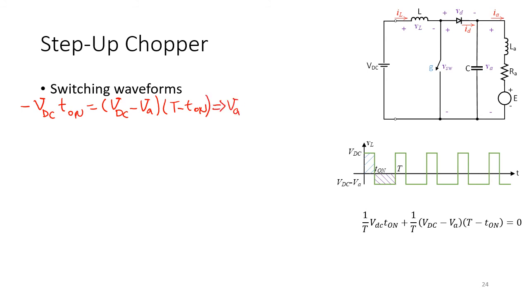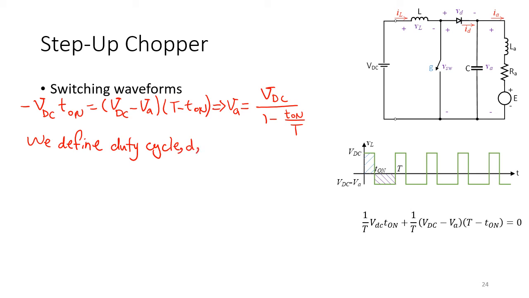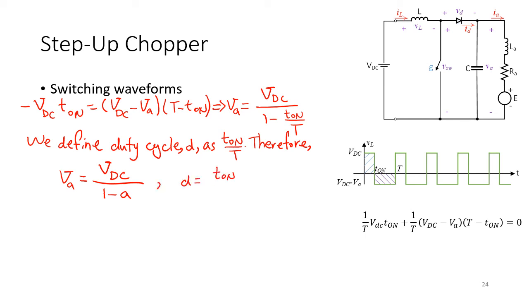So VA will be equal to VDC over 1 minus T on over T. Now we define again the duty cycle D as T on over T. Therefore VA will be equal to VDC over 1 minus D, where D is equal to T on over T.